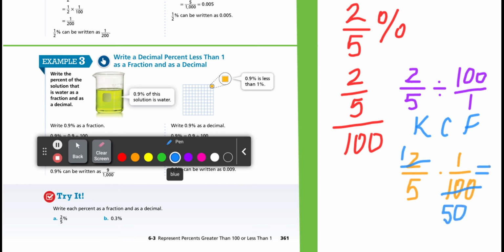So our final answer is 1 over 250. If you didn't simplify before multiplying, you would have got 2 over 500, and then you would have to simplify by 2, and you would get the 1 over 250.